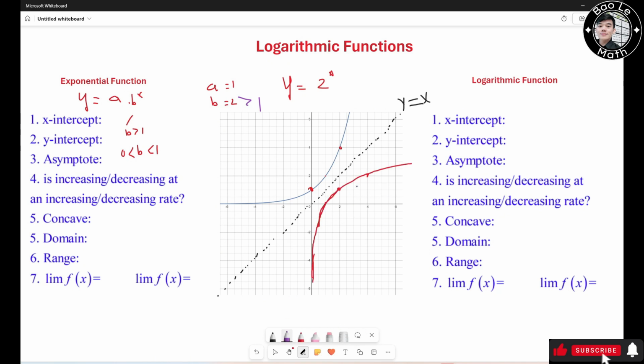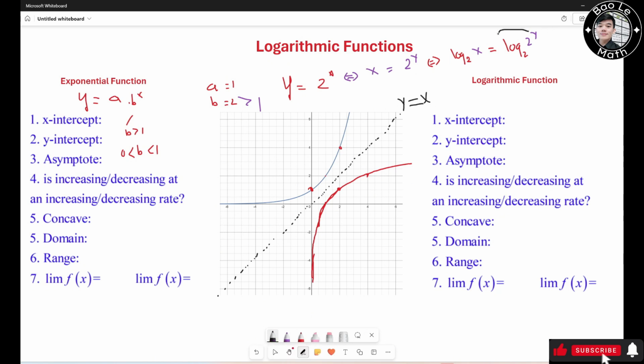Now, in order to find the equation of this logarithmic function, we just take the inverse of this one. Alright, so how do we do that? Right, we just swap x and y. It's gonna be s equals 2 to the y, right? And then we look at this one right here. We see the base 2. So we're gonna take log base 2 of both sides, right? So I just fill in the blank right here. This is s and this is 2 to the y. Alright.